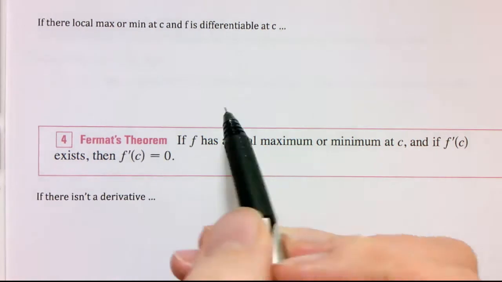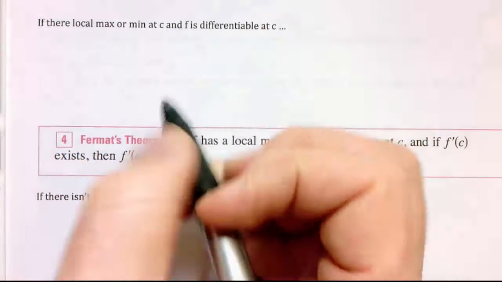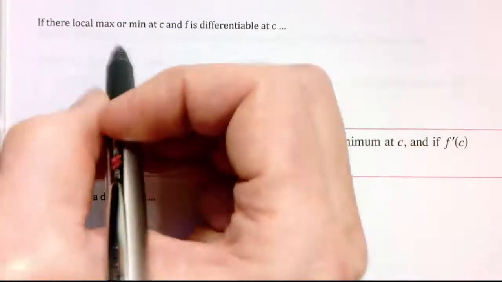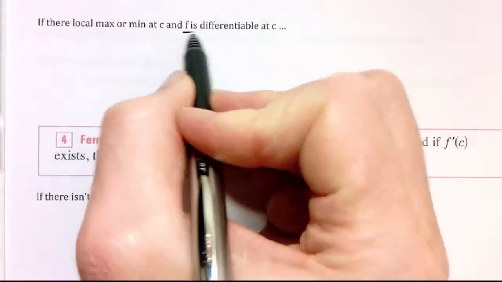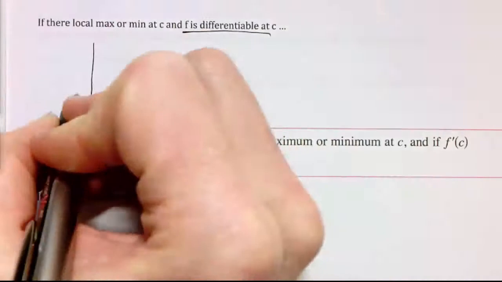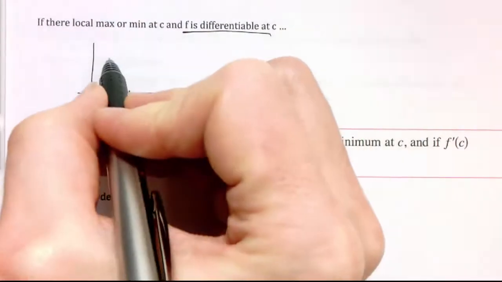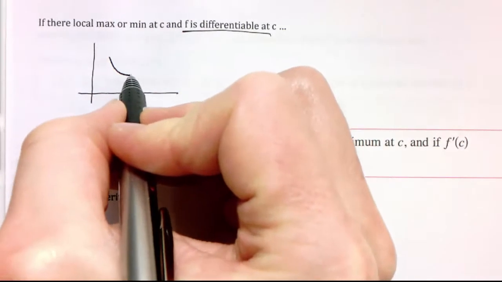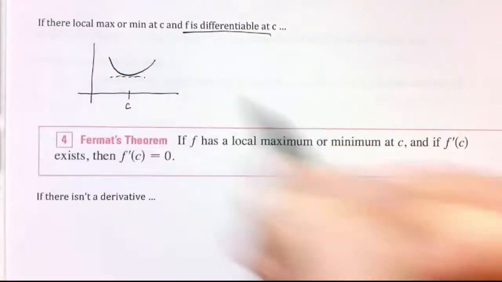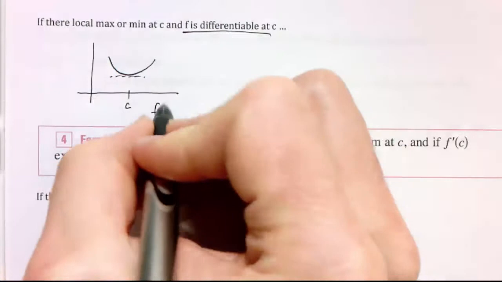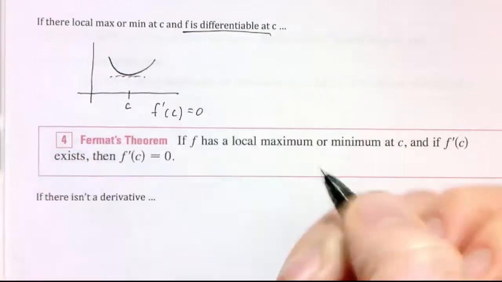We're going to approach this a little differently. If we have a local max or min, let's see what happens. If we have a local max or min and we have a derivative, having a derivative means that we've got a tangent line. Well, the only way to have a local minimum here and have a tangent line is to have a horizontal tangent line.